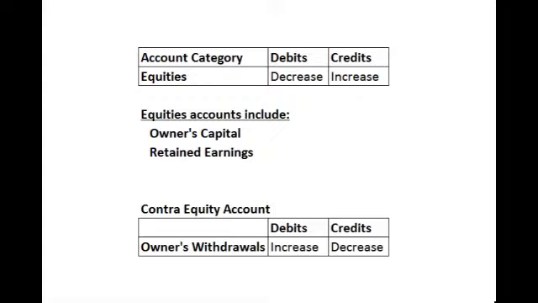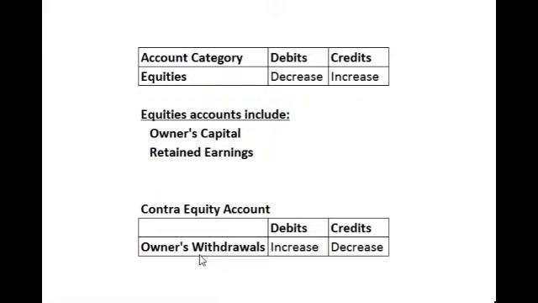In that case, we would increase owner's capital and at the same time increase balance of the cash. That belongs to business. When the owner decides to take that money out from the business, we call that owner's withdrawal.